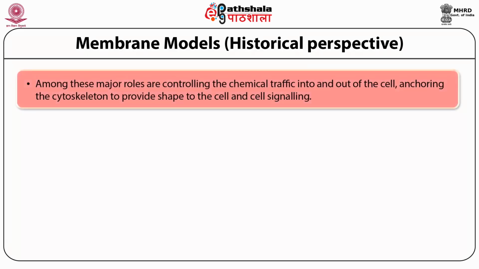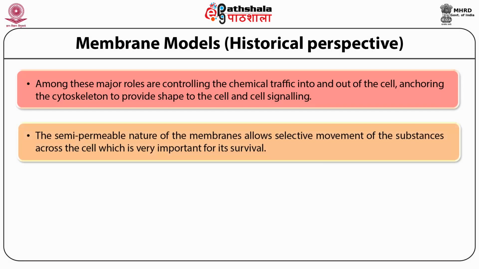Among these, major roles are controlling the chemical traffic into and out of the cell, anchoring the cytoskeleton to provide shape to the cell, and cell signaling. The semi-permeable nature of the membranes allows selective movement of substances across the cell, which is important for its survival.